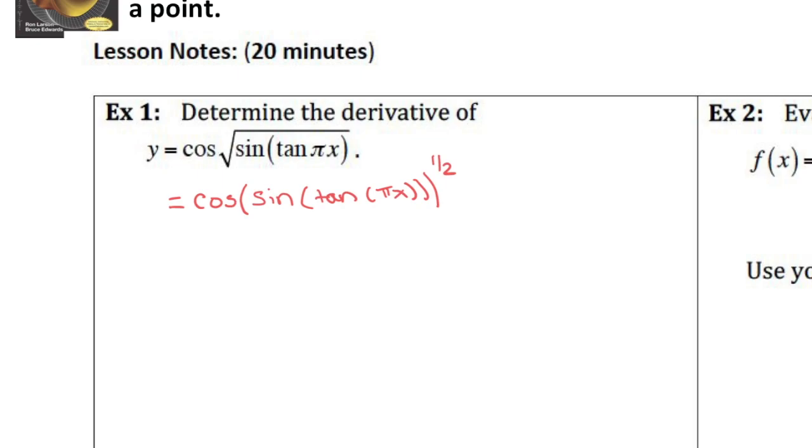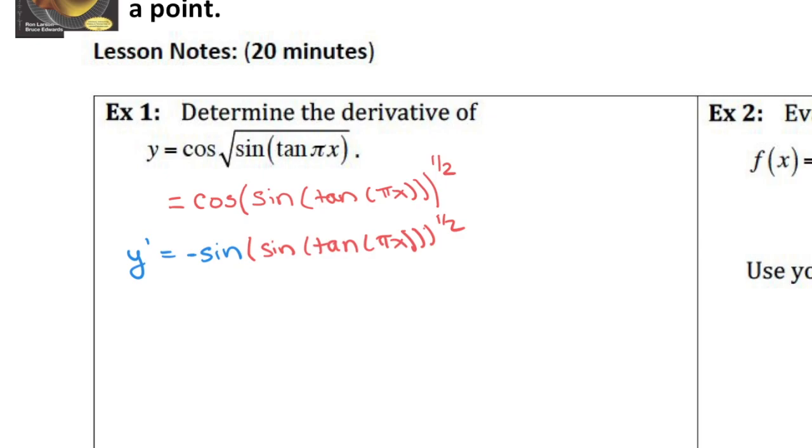I'm going to take the derivative of the outside, so y prime is going to be equal to the negative sine. We keep everything that's on the inside. So we have the angle, so we haven't touched it. There's our sine, our tangent, our pi x, and we keep that to the 1/2 power. Now let's examine it again.